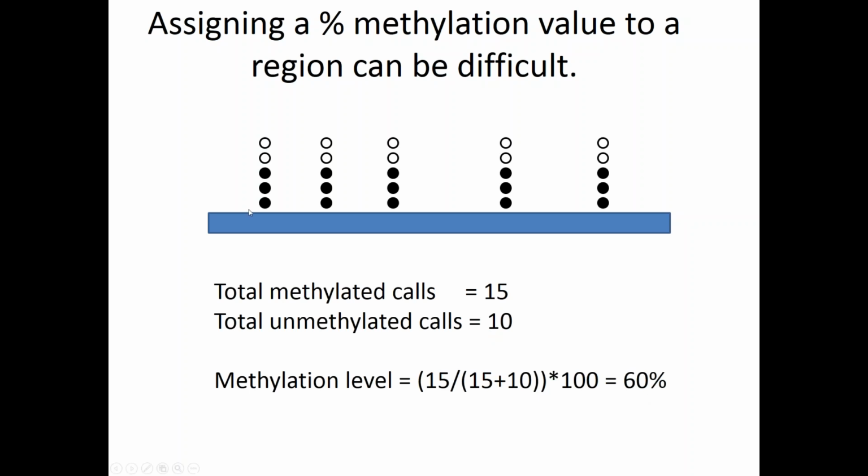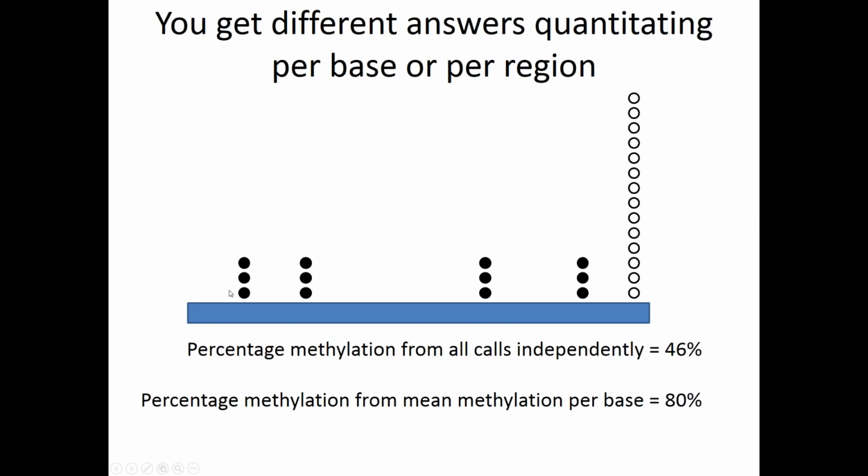However, the genome doesn't all look like this. You get cases like this. Here, you can see that there's an obvious difference in the depth of coverage across different parts of the region that we're quantitating. If this was a reduced representation, we're specifically making parts of the genome better covered than others, but even in normal bisulfite, you get variations in the depth of coverage.